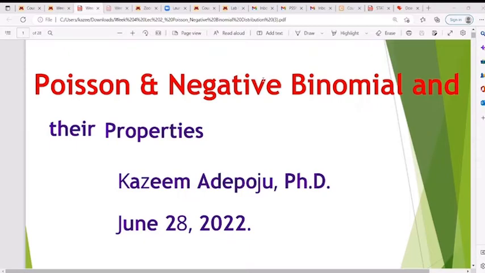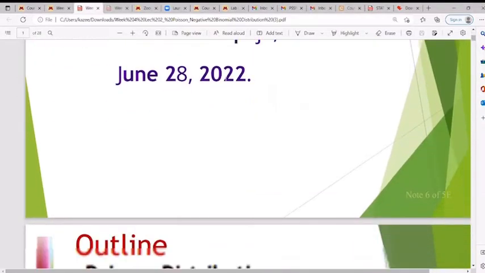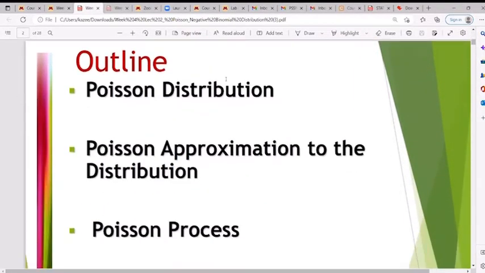Today, we are going to visit another two discrete probability distributions. One is Poisson distribution and the other one is negative binomial distribution. So all of them fall under discrete probability distribution.